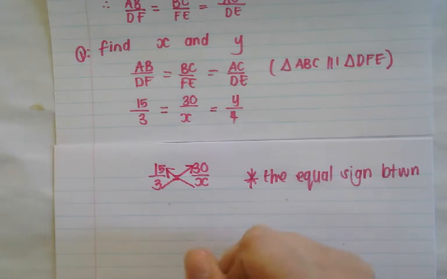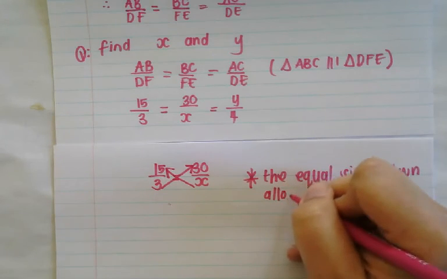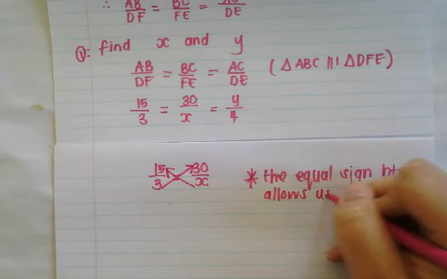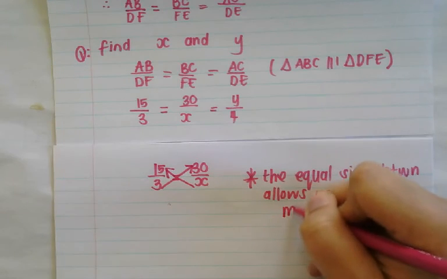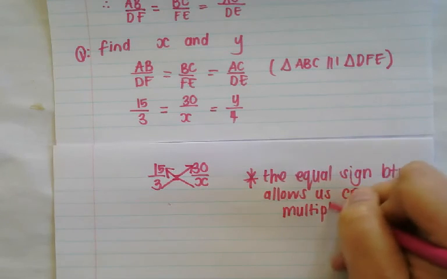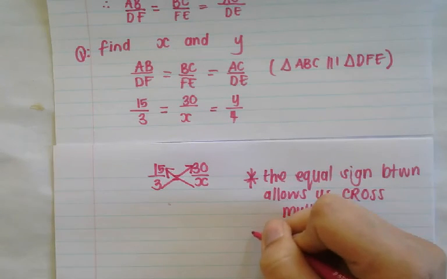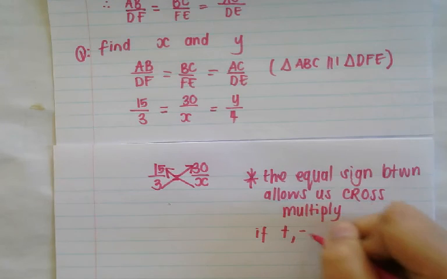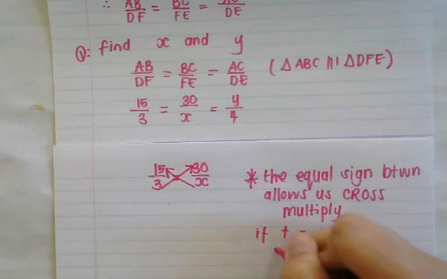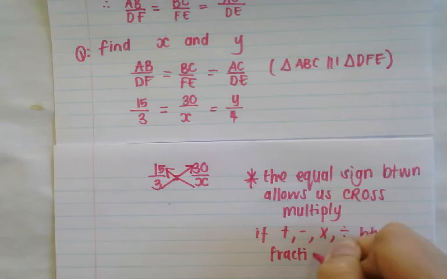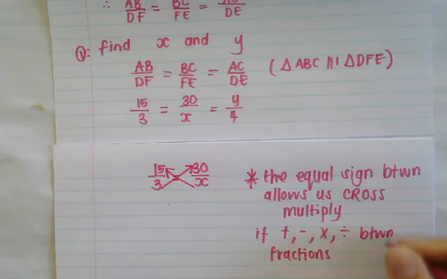BTWN, between without the e's. So if there's a plus, minus, times, or divide between fractions, you can't cross multiply.